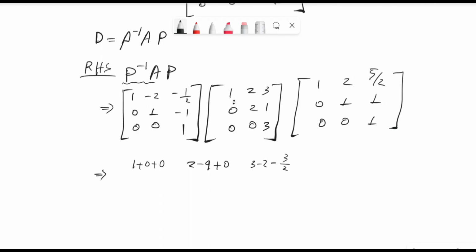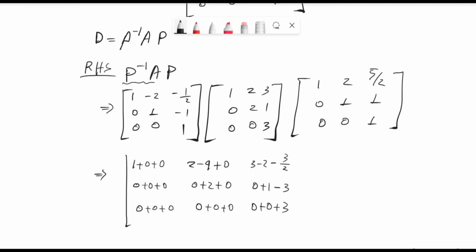With the next row, we have 0 plus 0 plus 0, 0 plus 2 plus 0, 0 plus 1 minus 3, and the third row 0 plus 0 plus 0, 0 plus 0 plus 0, 0 plus 0 plus 3. Simply we perform the matrix multiplication, row with column.